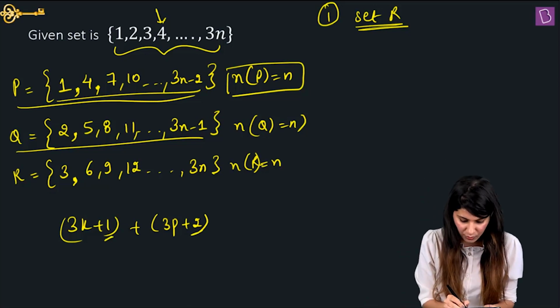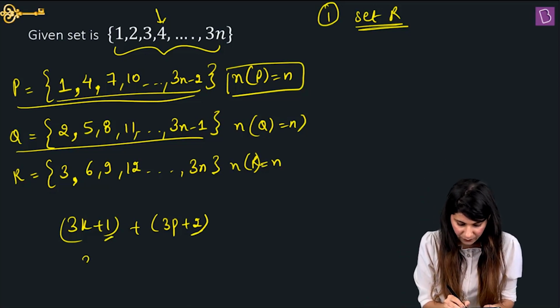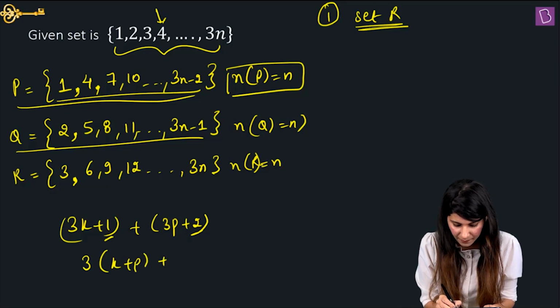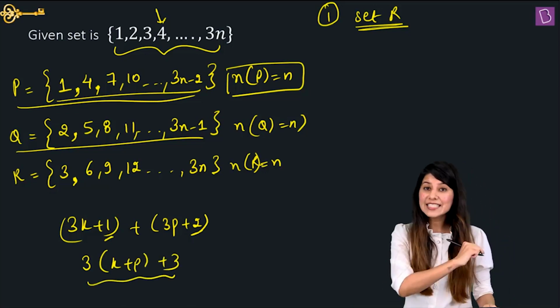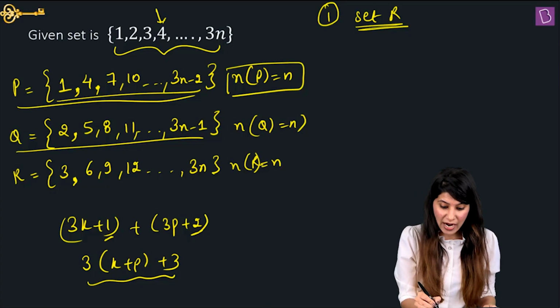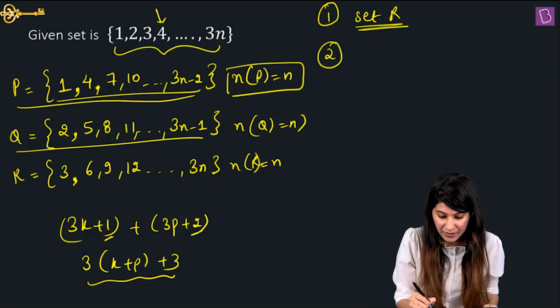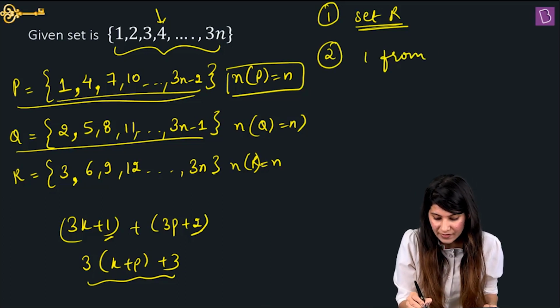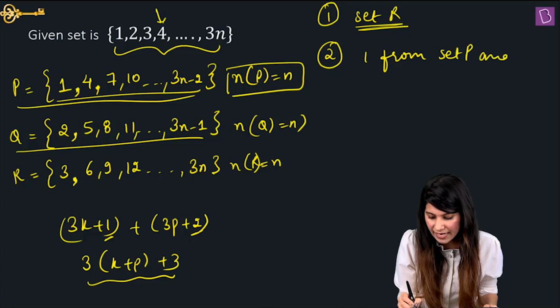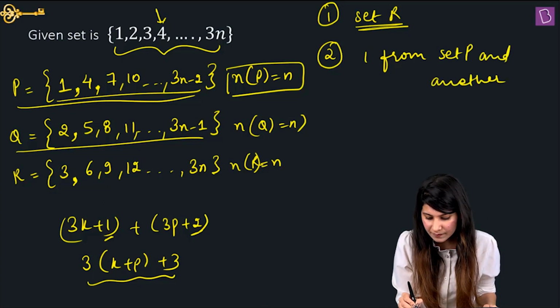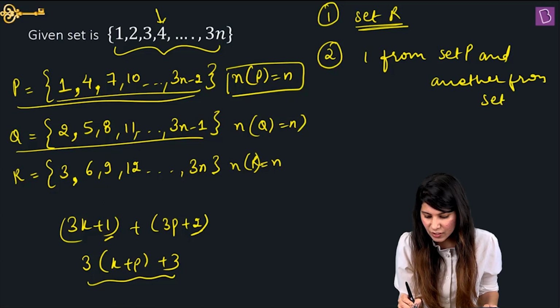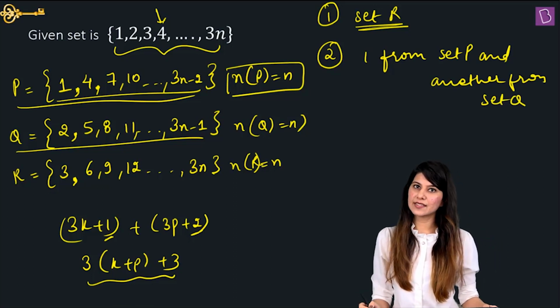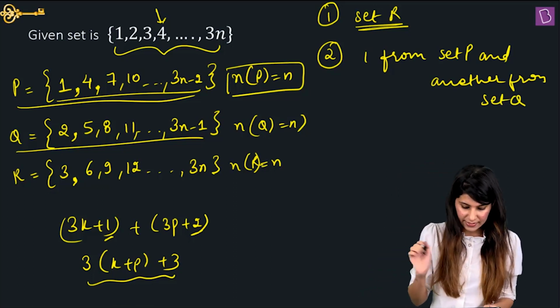If you add this, what you get is 3(k plus p) plus 3. That means the overall number is divisible by 3. So our second case is picking one from set P and another from set Q.